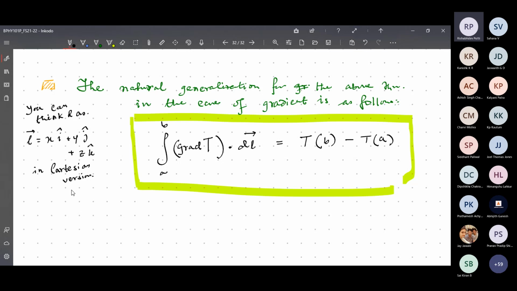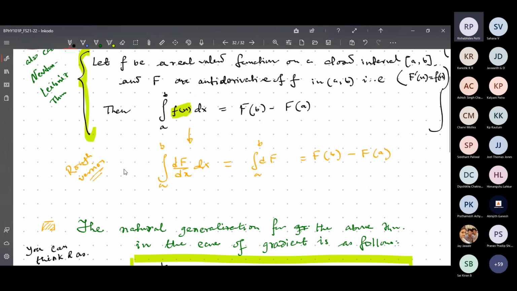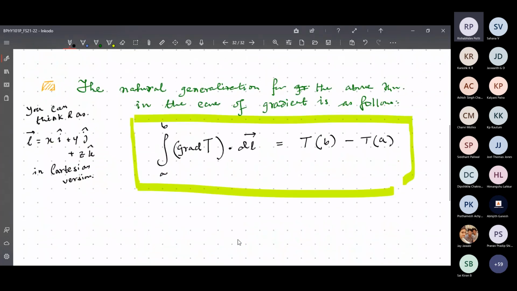If it is polar or spherical polar version, something else will come, but the underlying meaning is the same. I have an antiderivative, I am doing an integral, then I will get the value of the antiderivative at the boundaries. These are the boundary points.